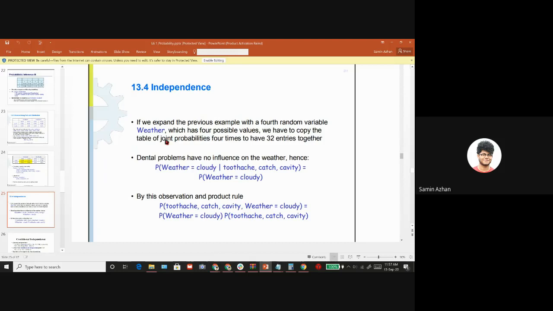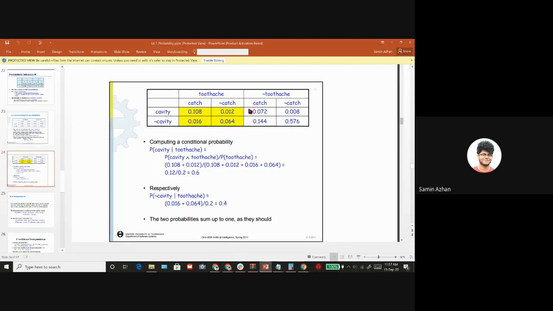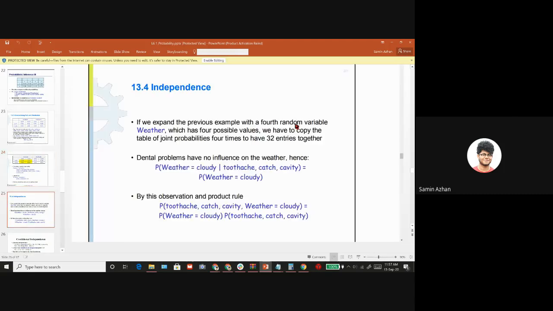In this case, it's saying that if weather has four possible values, we have to redraw this table here four times. And this table contains 8 values. So 8 times 4, that's 32 entries together.